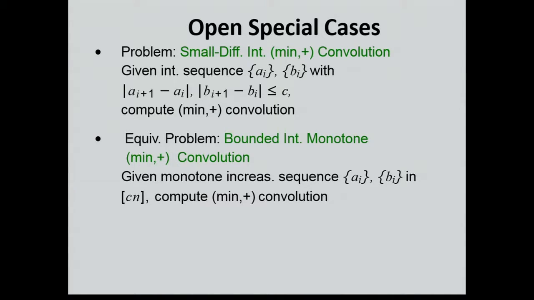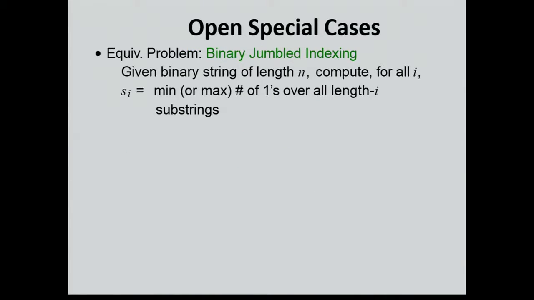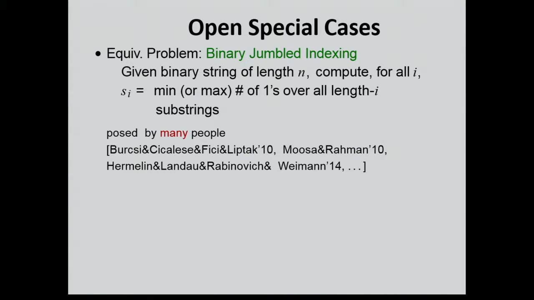An equivalent problem is the bounded integer monotone convolution. You're given two monotone increasing sequences, bounded by c times n. Another equivalent problem, from pattern matching indexing, is called binary jumbled indexing. You're given a binary string, preprocess it, and then compute the minimum or maximum number of ones over all substrings of length exactly i.